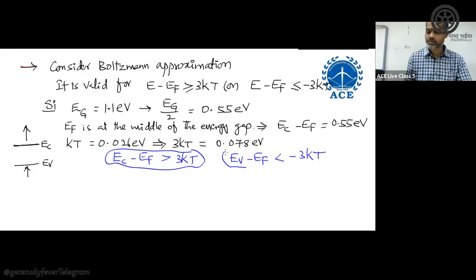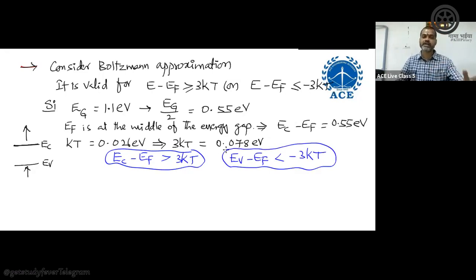Okay, so what we can conclude here is, for all practical purposes, the Boltzmann approximation can be applied for semiconductor materials. The reason is this one. Am I clear? Okay, so I can write a statement here.